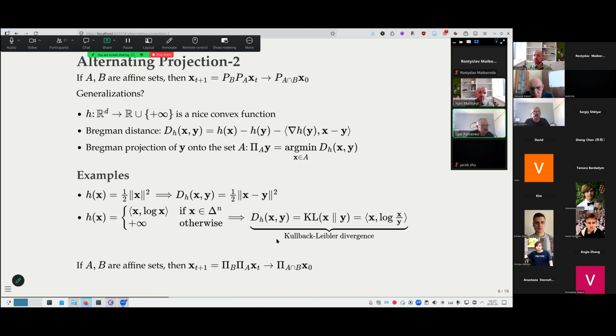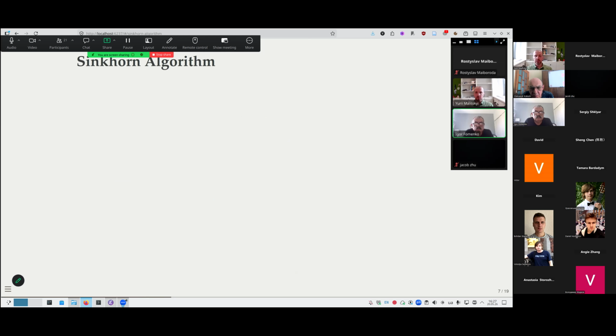Which is kind of interesting, because it seems like it's not about the orthogonal projection. There is something more important, a more general thing about the statement that we have seen before. And this last statement actually leads to very nice results that people use basically daily nowadays. That is called the Sinkhorn algorithm. I will show you an example of why the Sinkhorn algorithm works, how it's exactly an instance of the previous framework.